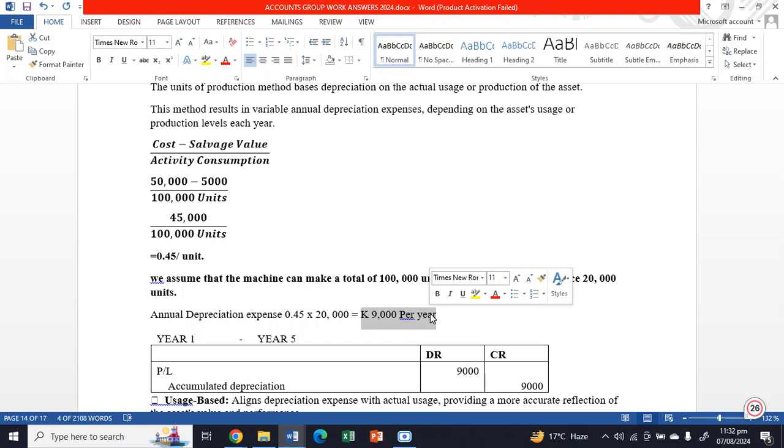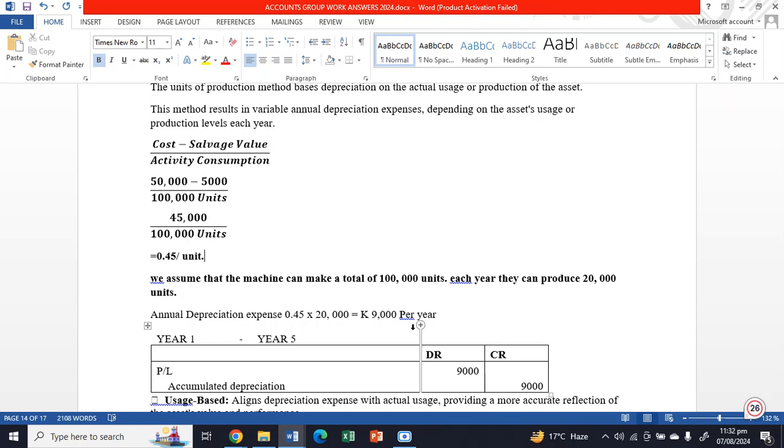Now, unlike the straight line method, sometimes in a year you might produce more than planned. Let's say you produce 25,000 units that year, you multiply it by this amount. So this can be constant, but other times it can also fluctuate because it will depend on the demand that year. You might budget to make 20,000 units, then you find your demand increases as the years go, so you might need to make 30,000 units per year.